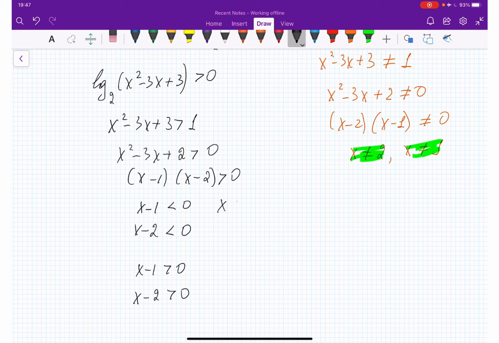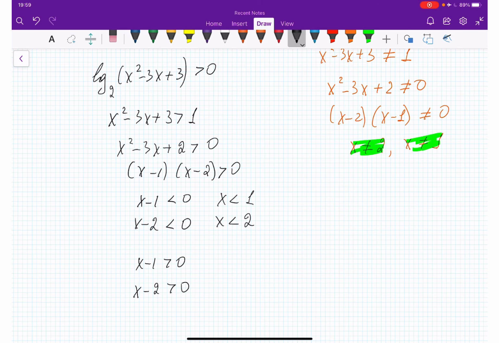From here we have x less than 1 and x less than 2. So if I draw here, this is 1, this is 2, less than 1 and less than 2, we can see the answer is x less than 1, right? Accordingly, x greater than 1 and x greater than 2 gives x greater than 2.